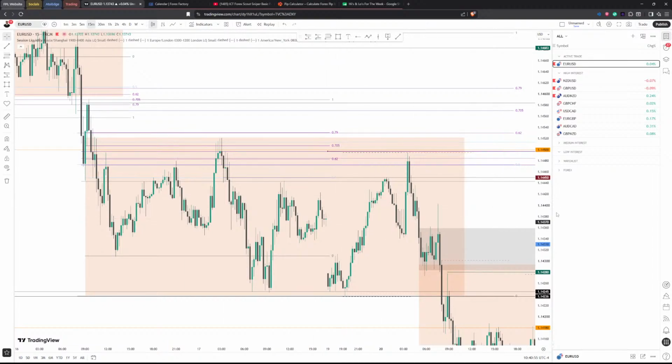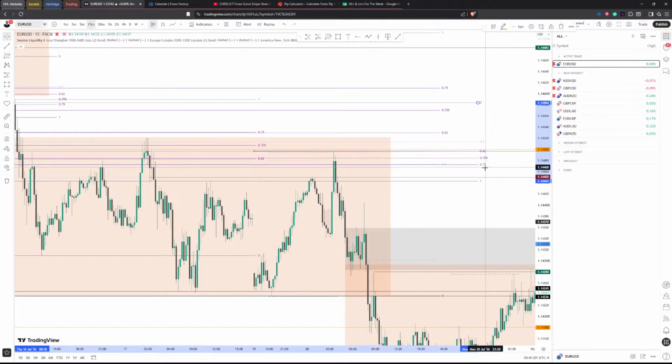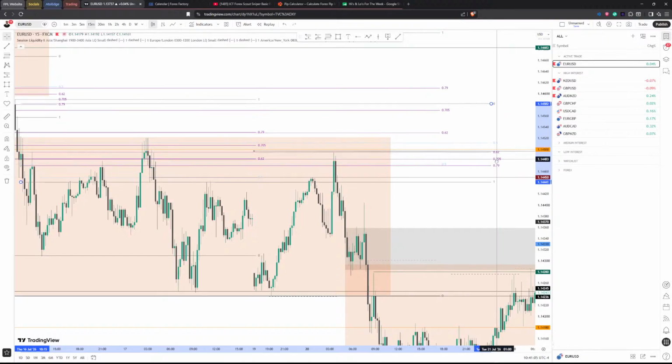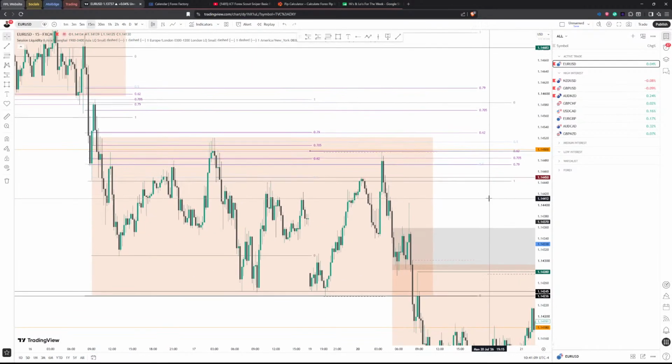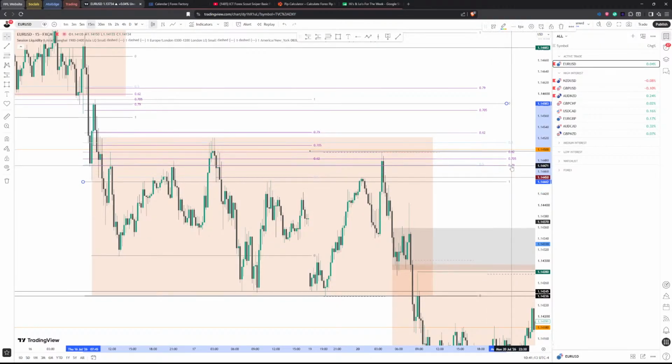Plus the 706. Wait, what? I think it's upside down. Oh, it's the order block.